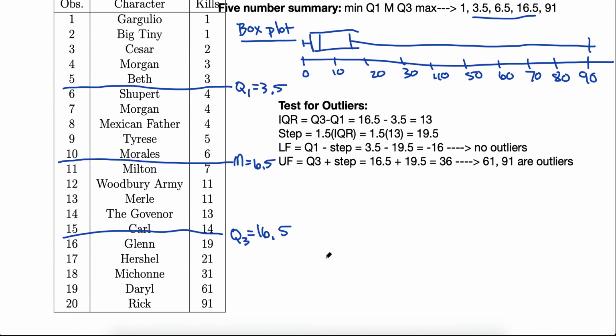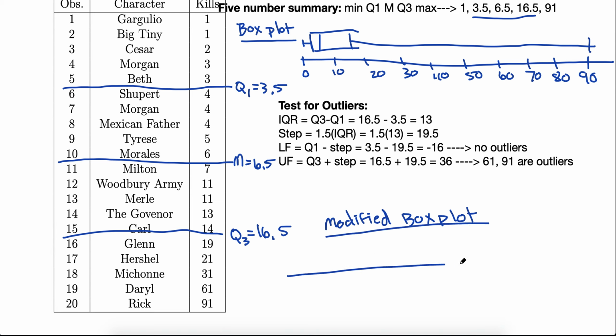And you're going to start in much the same way. You're going to go ahead and draw your number line there and draw a box for that middle 50%. So I'll use that same number line, starting at 0, counting by tens.